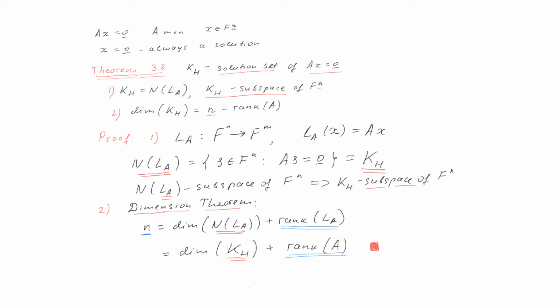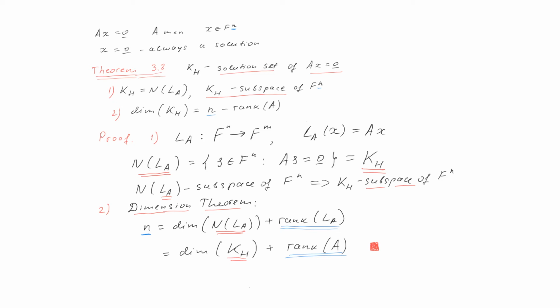Notice how quick the proof was when we applied our knowledge of linear transformations. I can also imagine that this result and the proof may look a little bit abstract to you right now. I hope it is clear how this statement implies that there will be either one or infinitely many solutions.